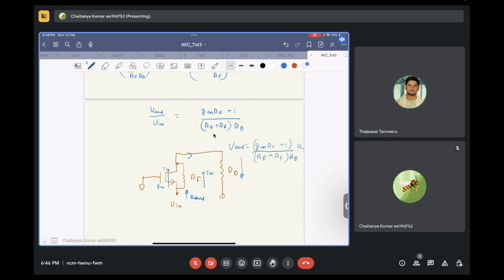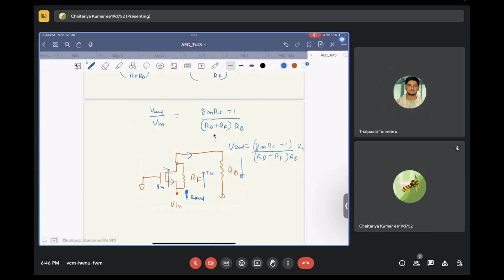Correct? Now, can you tell me quickly what is the looking-in impedance from this node, the source node? How will you calculate it?